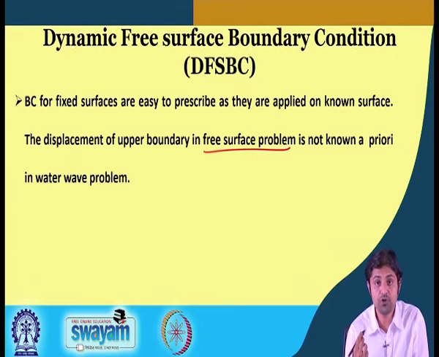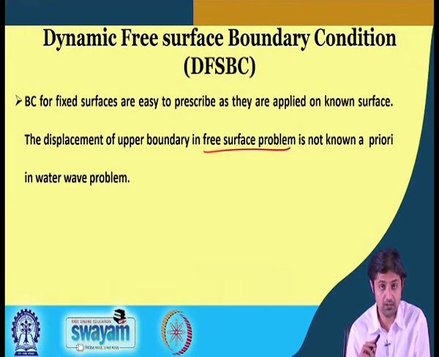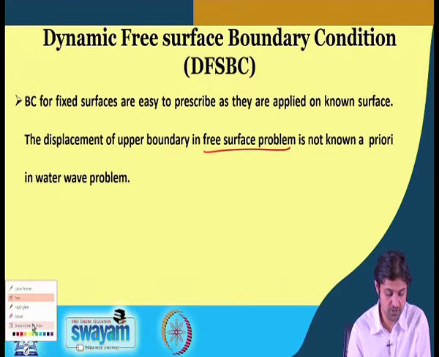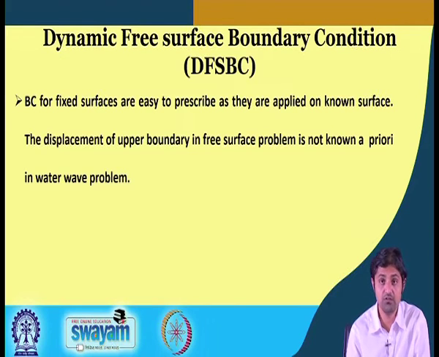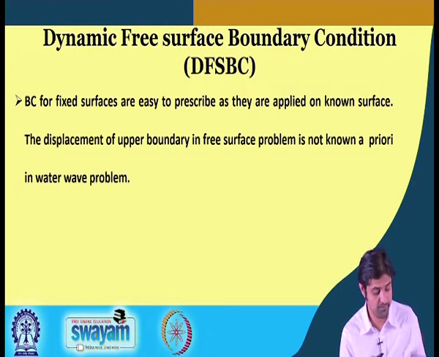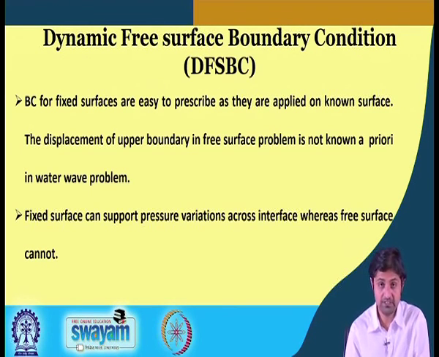We do not know from before how much the free surface will go above, because the bottom is fine since it is fixed, but the displacement of the free surface is not known from before. So, that is one of the problems in the water wave problem. Second thing is that the fixed surface is able to support pressure variations across the interface, whereas free surface cannot support the pressure variations, it will distort.